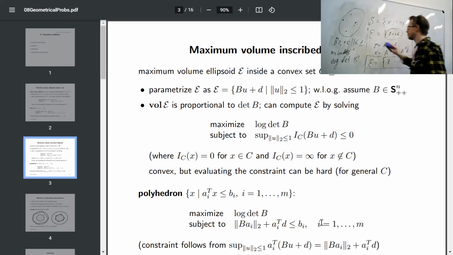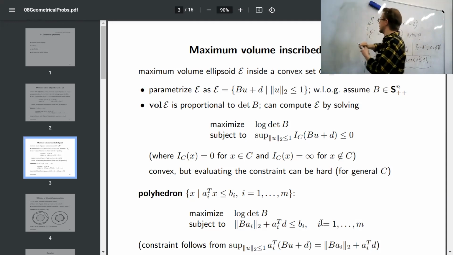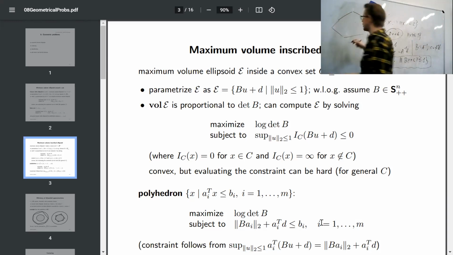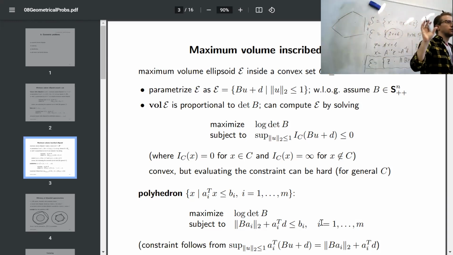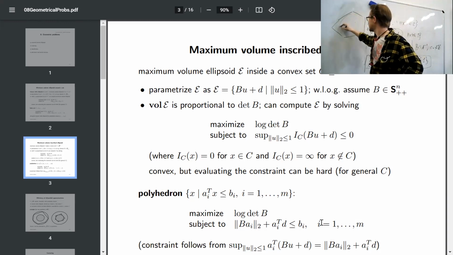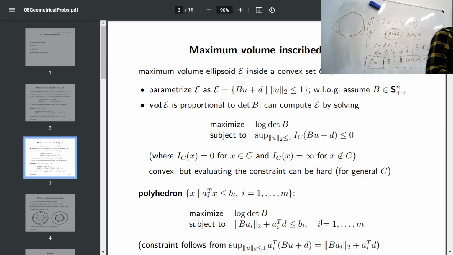All right, last problem. You have a polygon, and you want to have an ellipsoid inside this polygon. Okay. The largest possible ellipsoid. How do you find this?